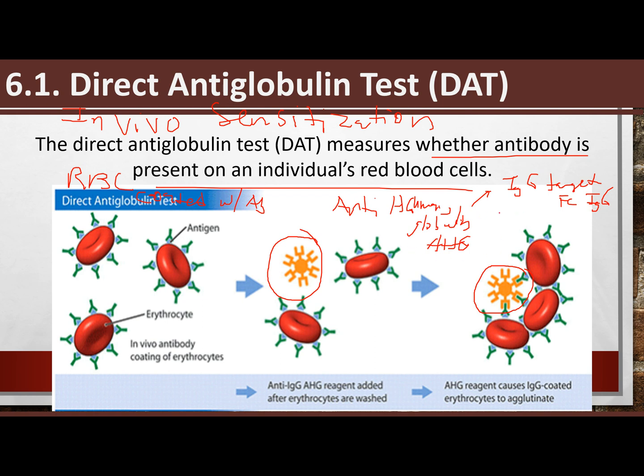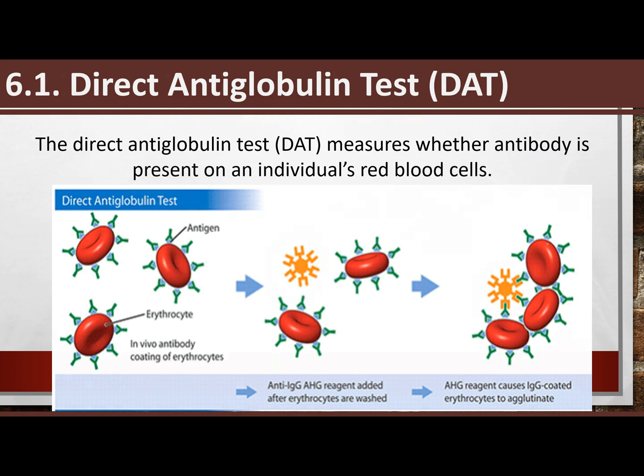And remember, your anti-human globulin, or your anti-human antibody, targets the Fc region of IgG. That's why if you take a look at the illustration on this third part, you will see that the AHG would target the Fc region of the antibody coated on the red blood cell.